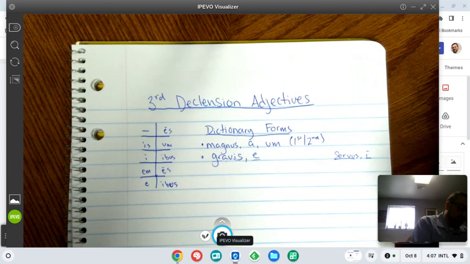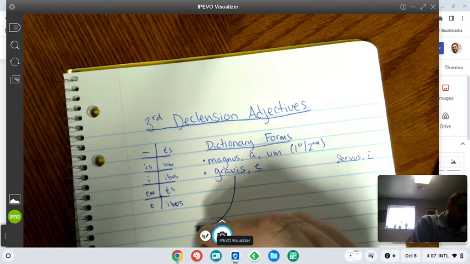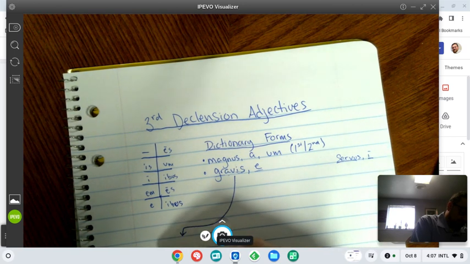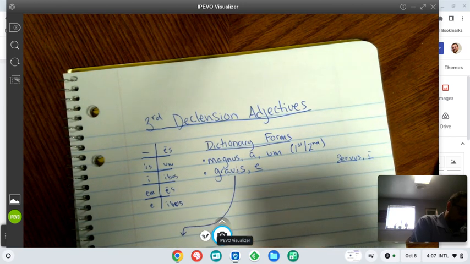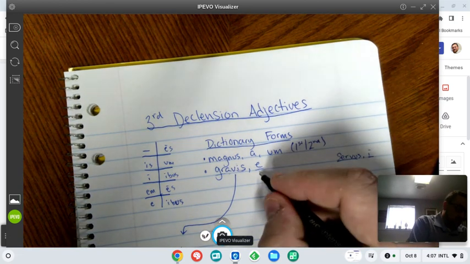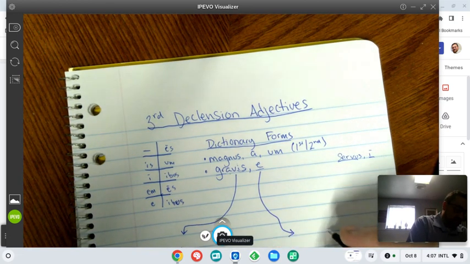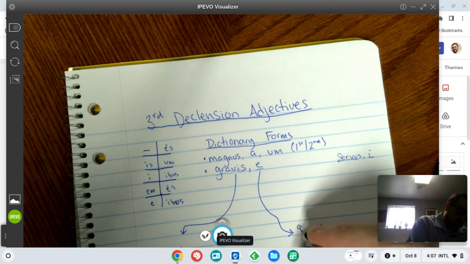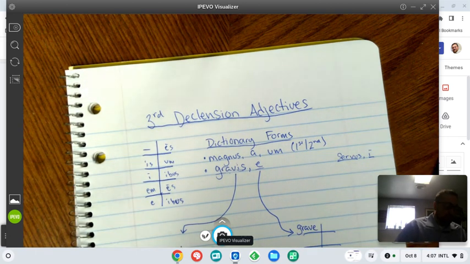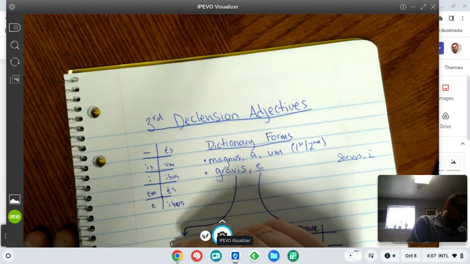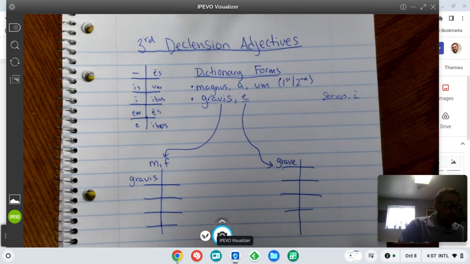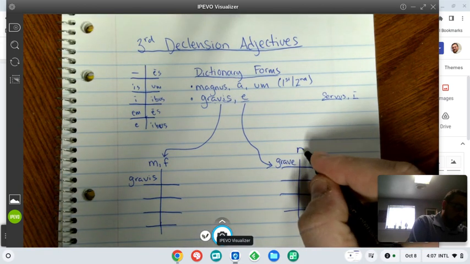Gravis tells us that this is for the nominative, and grave is also for the nominative. But this gravis is for masculine and for feminine words, and this grave is for neuter words.